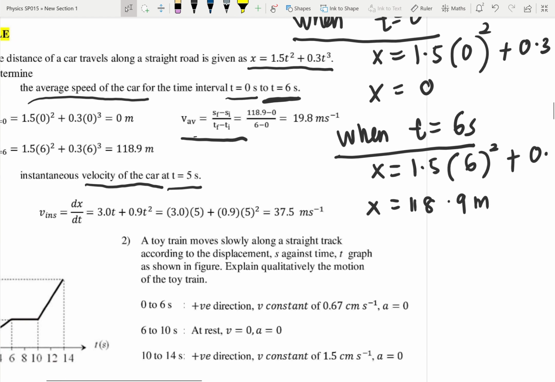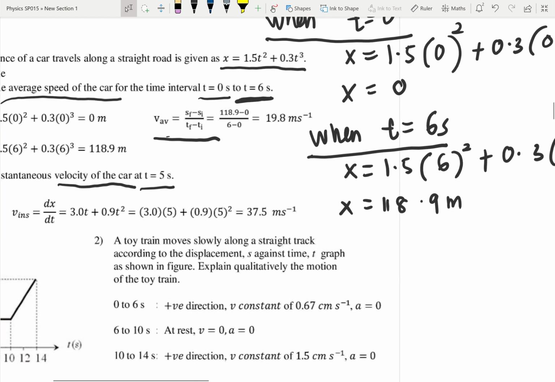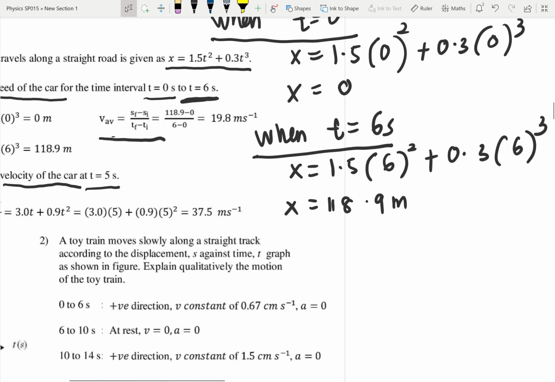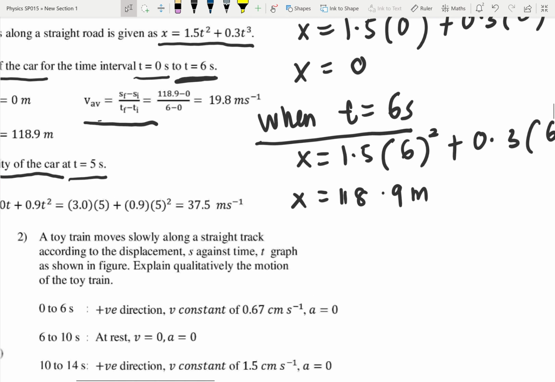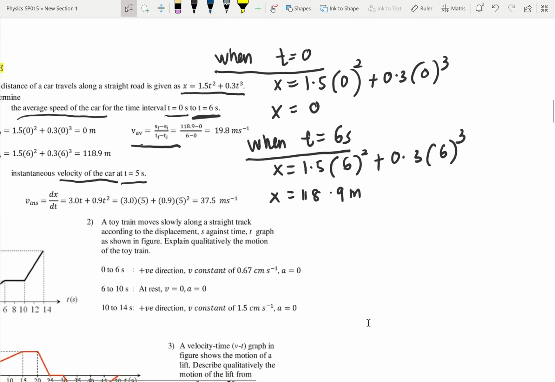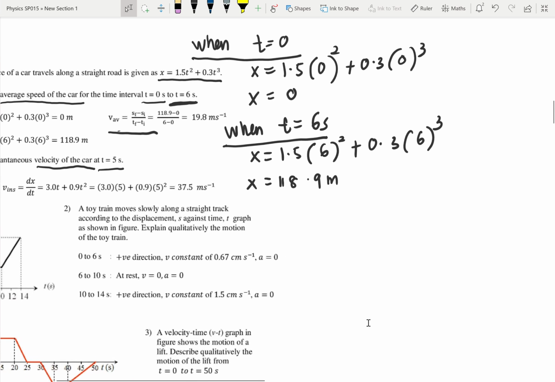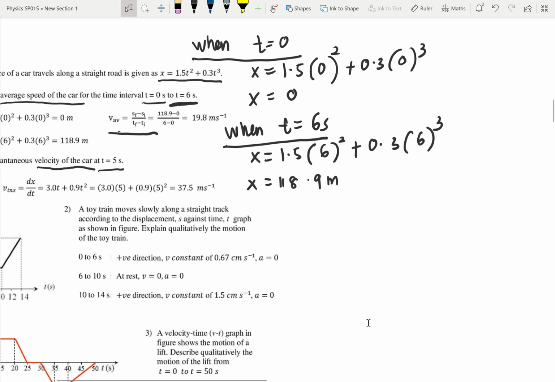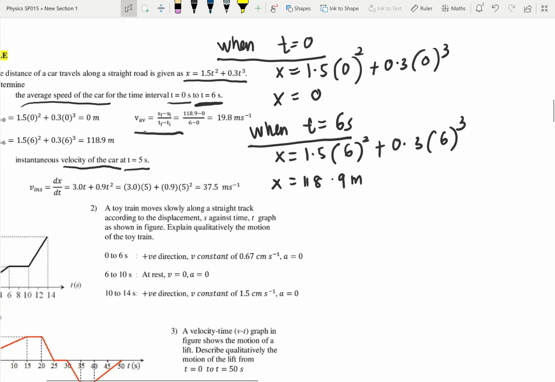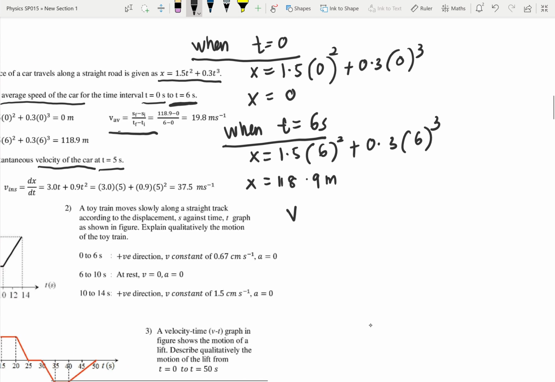So you are given the equation of distance. You can get the velocity or speed when you differentiate equation x. V equals dx over dt.